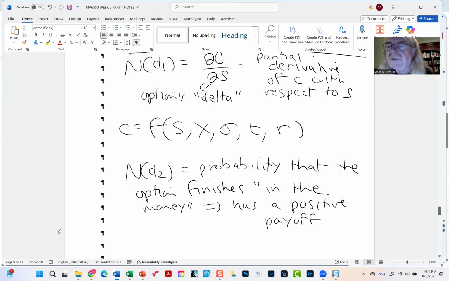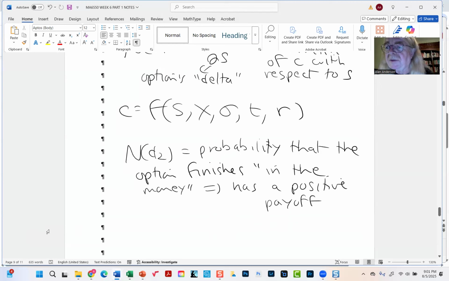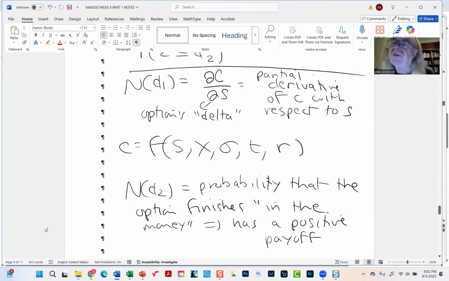Okay, so that's how we interpret those two Ns. Actually, I'm sorry, one is a sensitivity measure. The other is a probability.